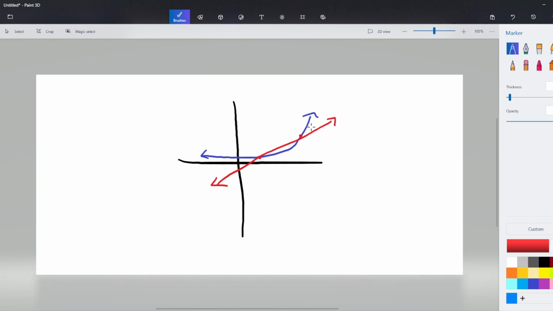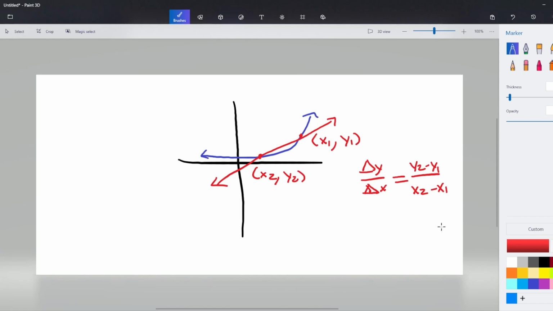So I have to find this point and this point, and I just have to subtract them, right? So if I were to do x1, y1, x2, y2, the average rate of change would just be the change in y over change in x, or in this case, the slope of this line that we draw through our two points. So it'll be y2 minus y1 over x2 minus x1.